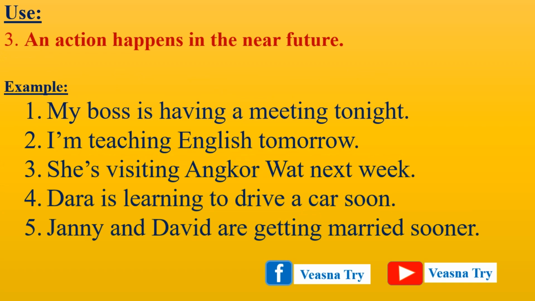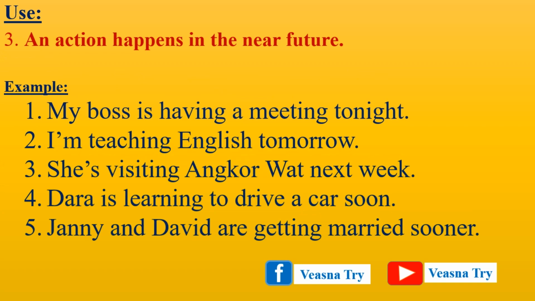So these five examples are showing you about an action that is going to happen in the near future, right? For example, number one, my boss is having a meeting tonight. So look at the time expression, the word tonight. Tonight is not yet come, right? So it's talking about the near future.